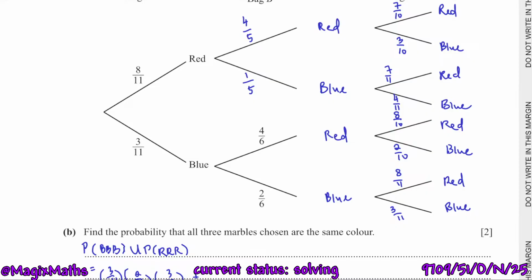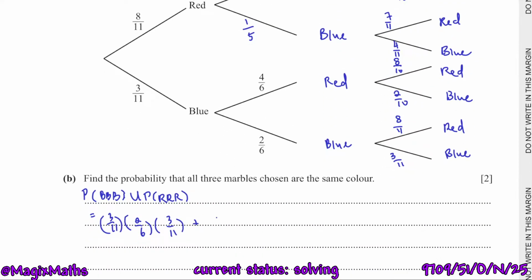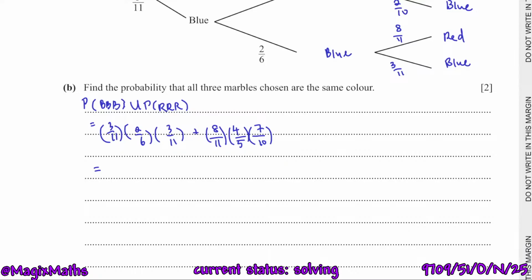So red is 8, 4, 7, 11, 5, 10. Let's put that in our calculator.